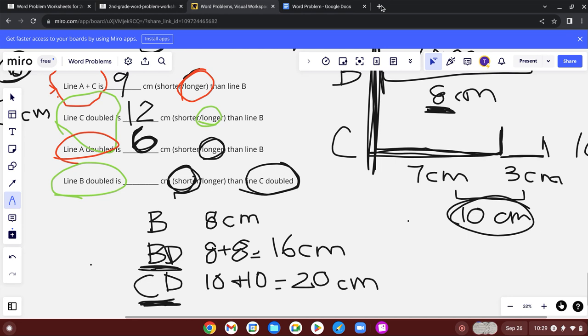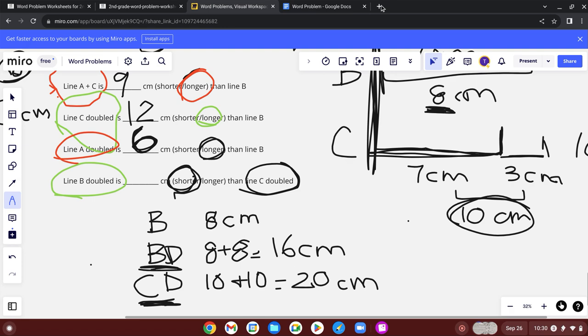C double is 20 centimeter. So B double is how much shorter than C double? 13 centimeter. I don't understand how you calculated it. How did you calculate it? In my head. How? I don't know how.